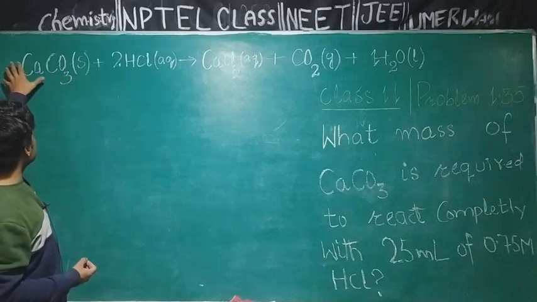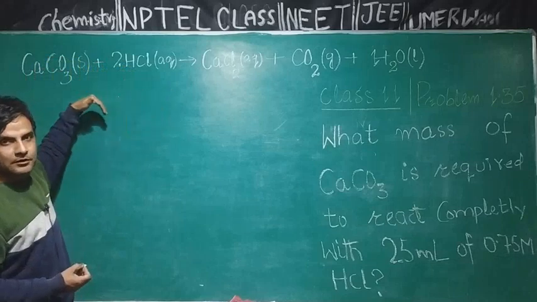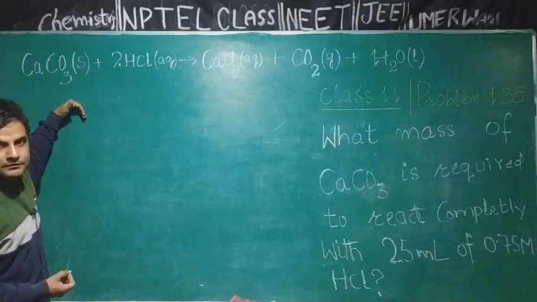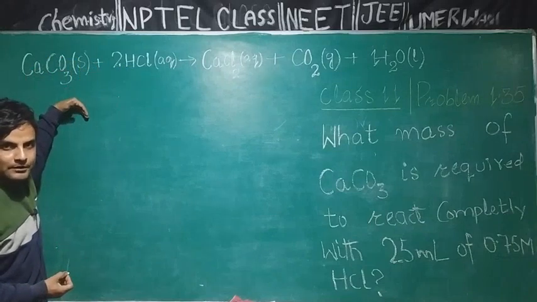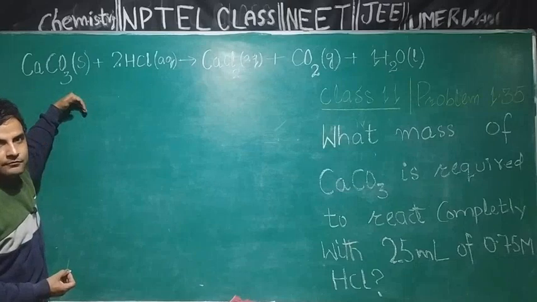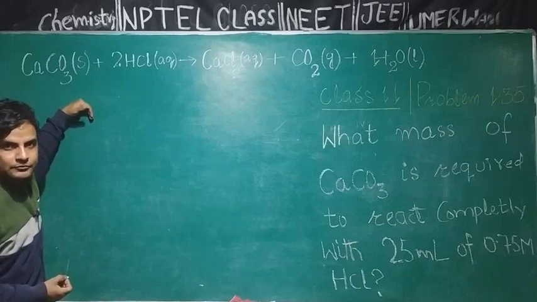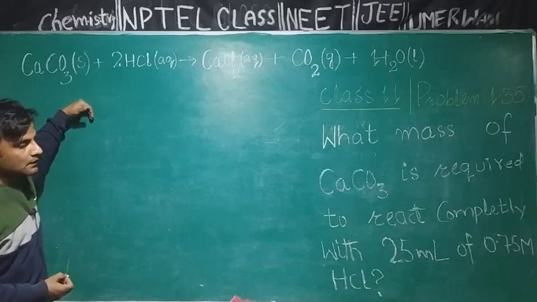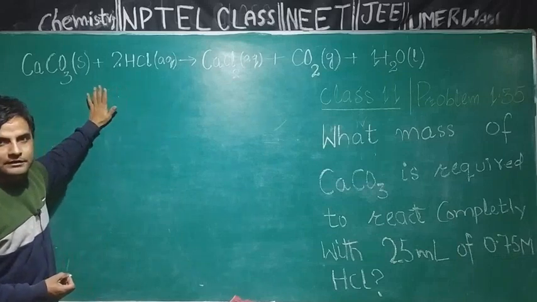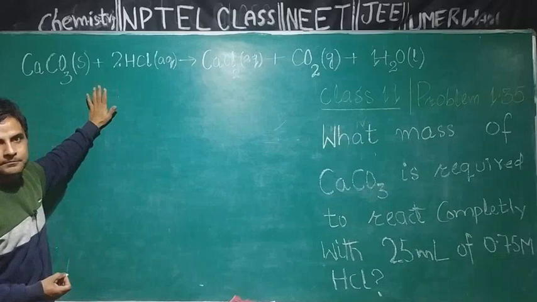Stoichiometric coefficients represent moles, and 1 mole has mass equal to the molar mass, and 1 mole of gas at STP occupies 22.4 liters. Molarity is the number of moles of solute dissolved in 1 liter of solution.